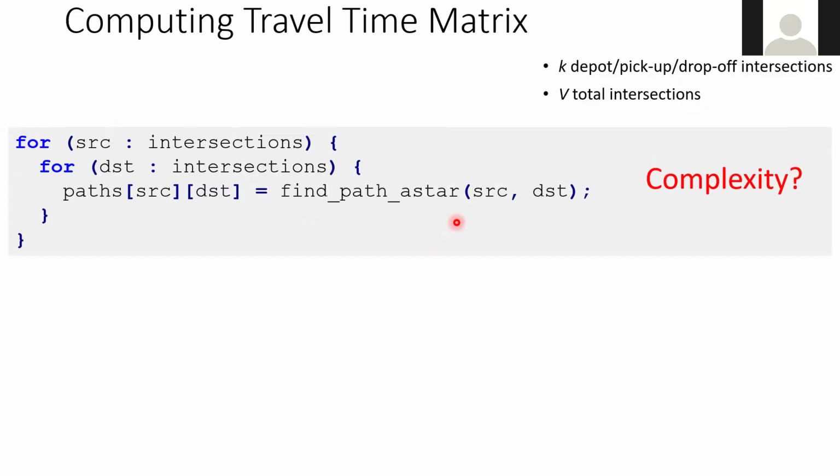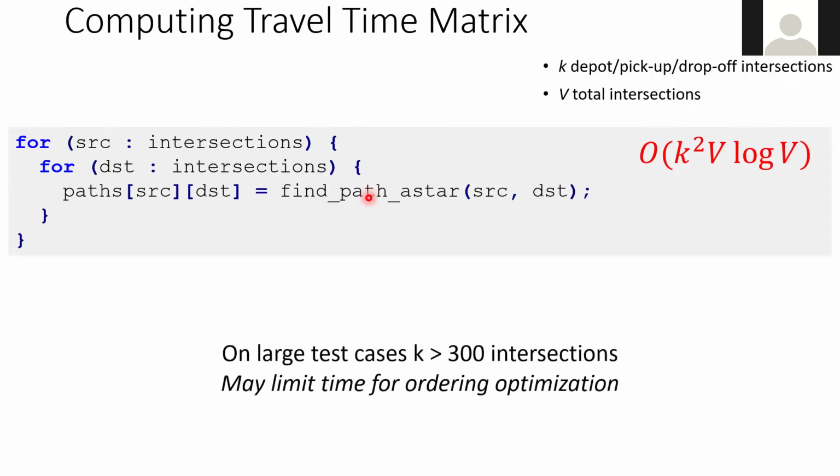The complexity for Dijkstra and A star is V log V. So the total complexity is then k squared times V log V. Since we have a k squared, this is going to be really slow. On large test cases, with k larger than 300 intersections, it's going to be really, really slow.